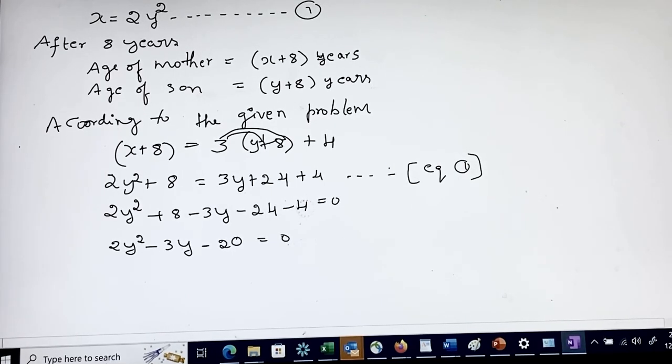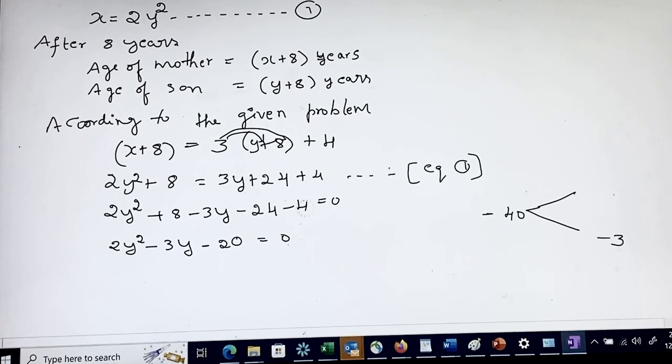Now we need two numbers which multiply to give minus 40, and when added give minus 3.